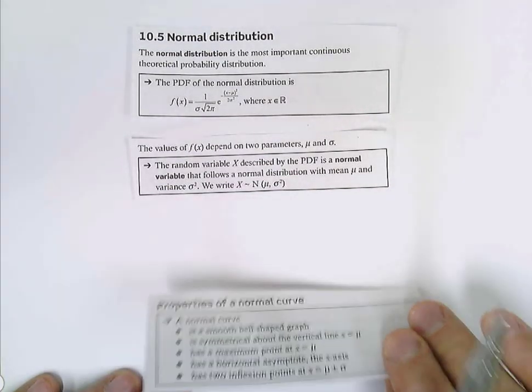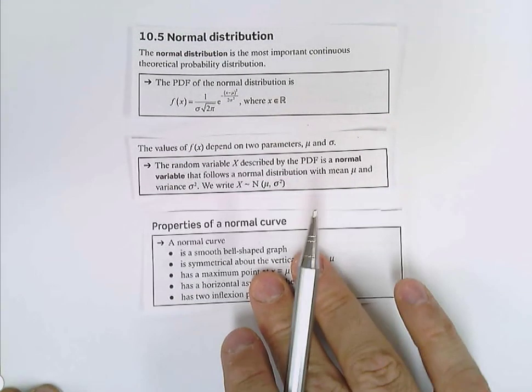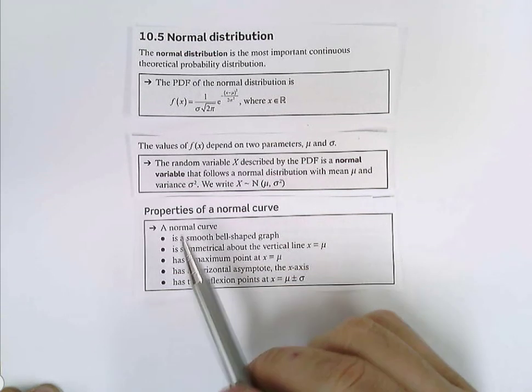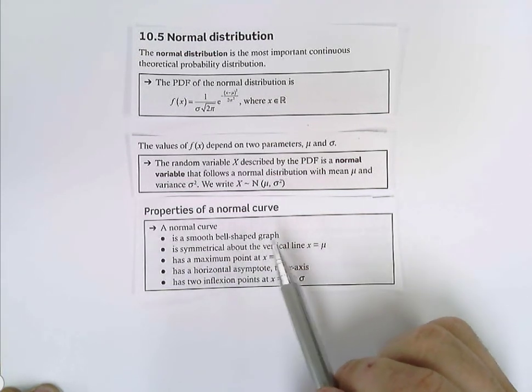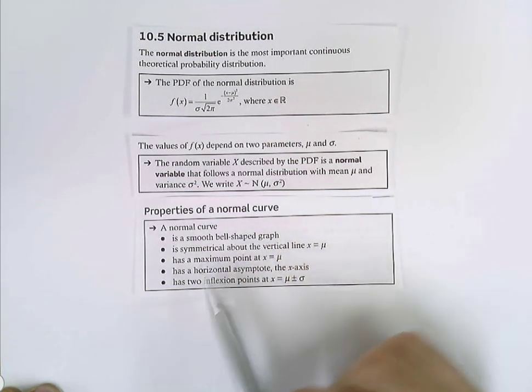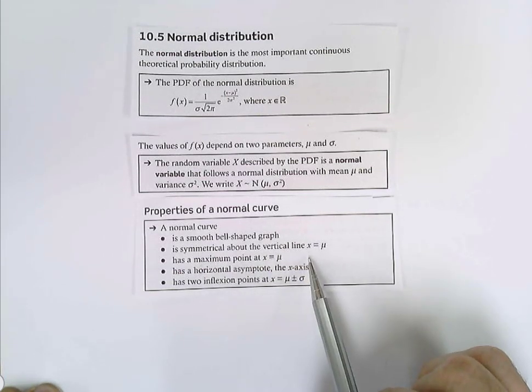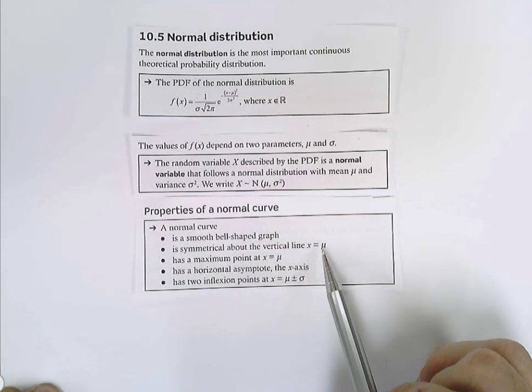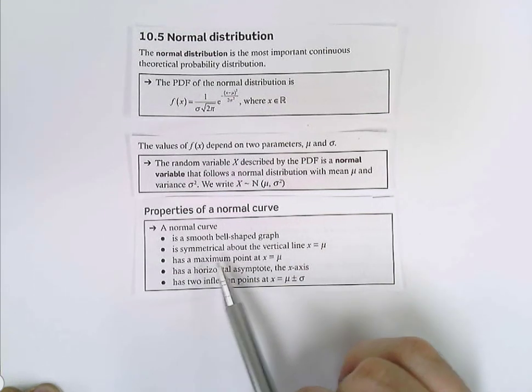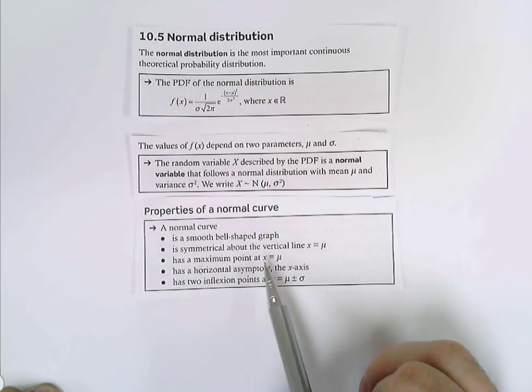Now, some properties of the normal curve: it is a smooth bell-shaped graph, right? It is symmetrical about the vertical line x equals mu, which is our mean, and has a maximum point at x equals mu, so it comes up to a maximum.